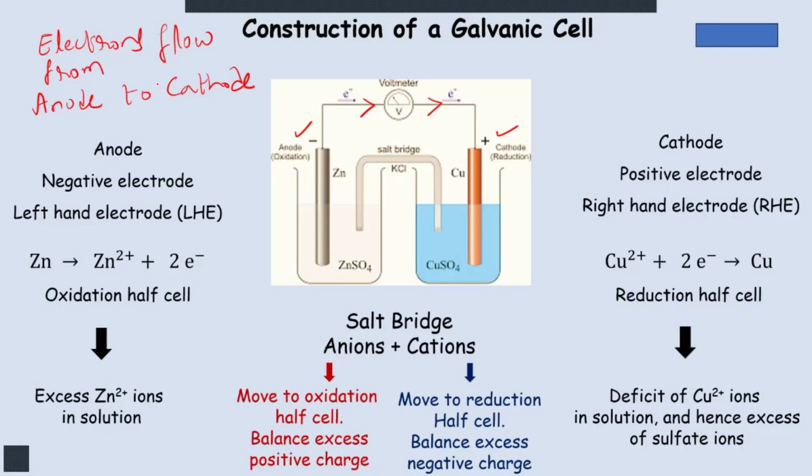Now, by convention, the direction of flow of electric current is opposite to the direction of flow of electrons. Therefore, we say electric current flows from cathode to anode.